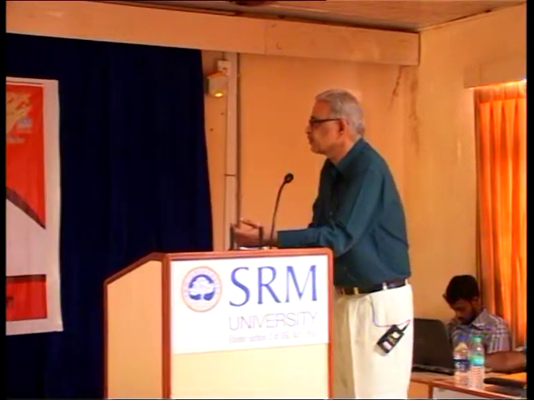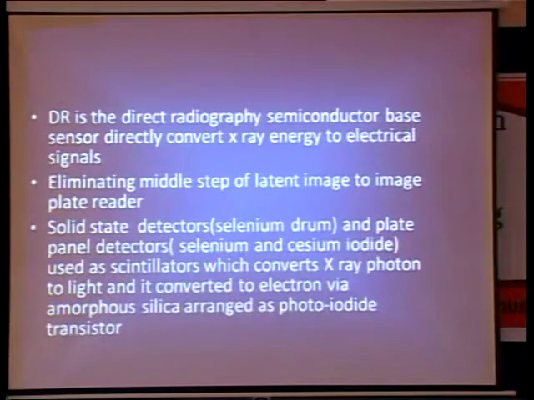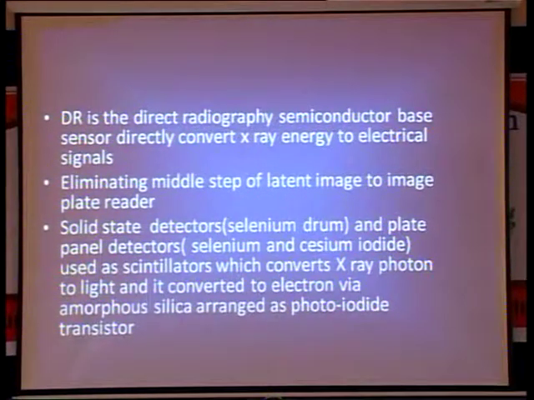The next one is the direct radiography digital system. A semiconductor-based sensor directly converts the X-ray energy into electrical energy. The middle step of putting the film into a cassette and taking the cassette to the reader is avoided.